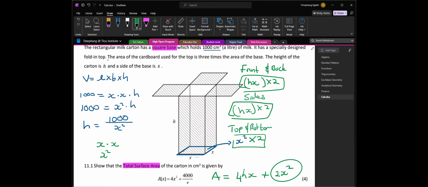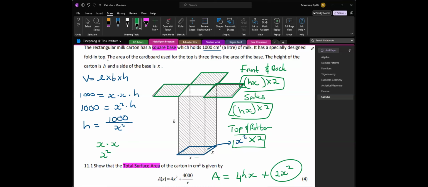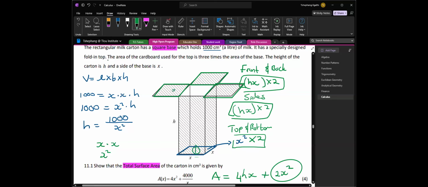So we need to find the area here, that one over there and this one here, because that'll give us the total surface area. Now, how many do we have? So it's not just the top and the bottom. So it's the one at the bottom plus, let me just say 1, 2, 3, and 4.